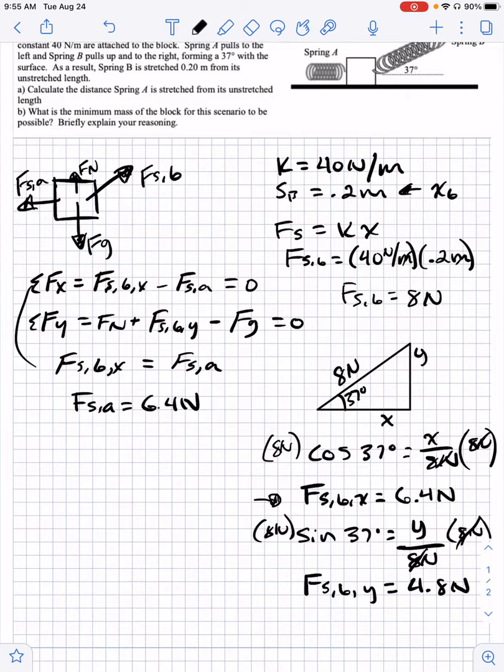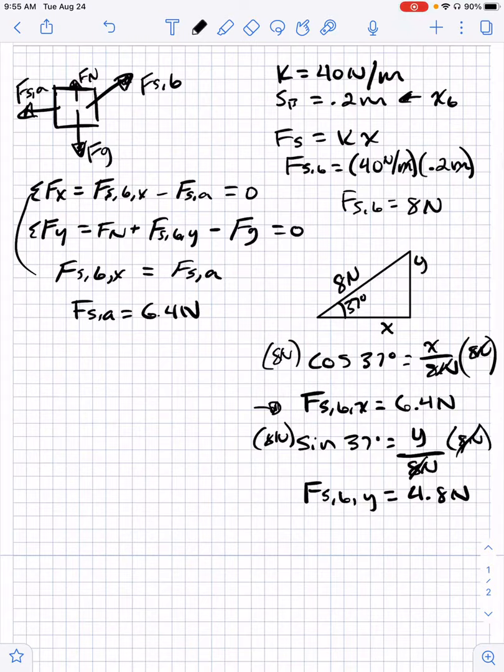And part A is asking me to calculate the distance that spring A is stretched from its unstretched length. So Hooke's law, remember, force of spring is equal to kx. And for spring A, we now know the force. That's a check. The problem gave me the spring constant, so now we can solve for the stretch. So rearranging this equation, we'll divide both sides by that k.